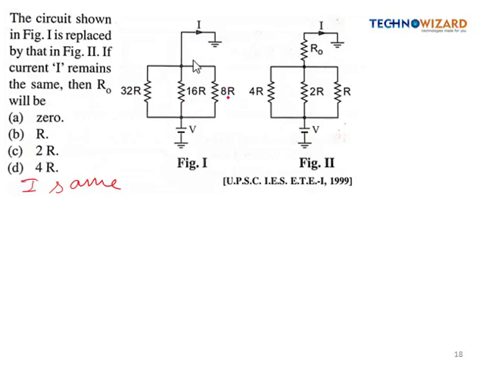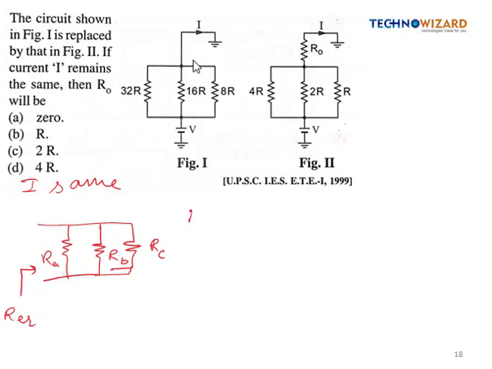Now these three resistances are in parallel, and in figure 2 also these three resistances are in parallel, connected in series with R naught. So now we have to find the value of R naught. For figure 1 we have to calculate the value of R equivalent. When three resistances are connected in parallel, suppose this is resistance RA, this is RB, and this is RC.